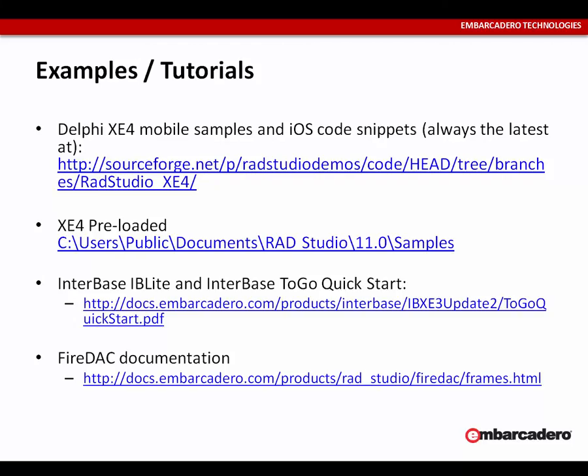ToGo and IBLite have the same development model. Both are embedded applications using the ToGo library. And lastly, all of the FireDAC documentation for the FireDAC Universal Data Access components for developing cross-platform database apps on Delphi, C++Builder, and Free Pascal is at this link.